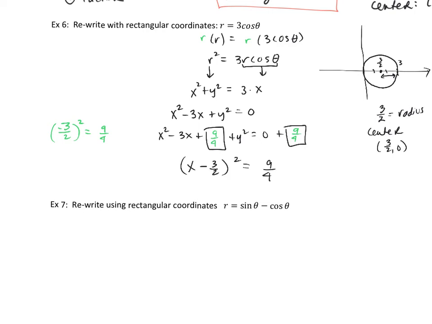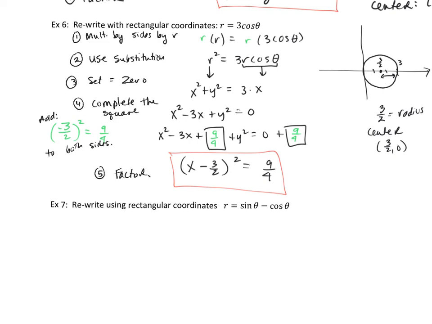There we go, and there's our circle centered at 3/2, 0 with a radius of 3/2. So our steps again: multiply by r, use substitution, then set equal to 0, complete the square, and factor.